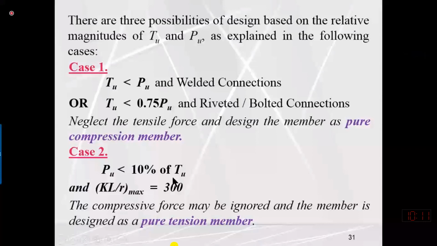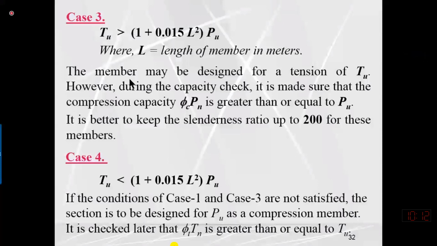Then we have to check the third criteria. In the third criteria, we already have PU, and we can determine a PU equivalent. PU equivalent means a PU value of the factored compressive force which might be equivalent to the tensile factored load.